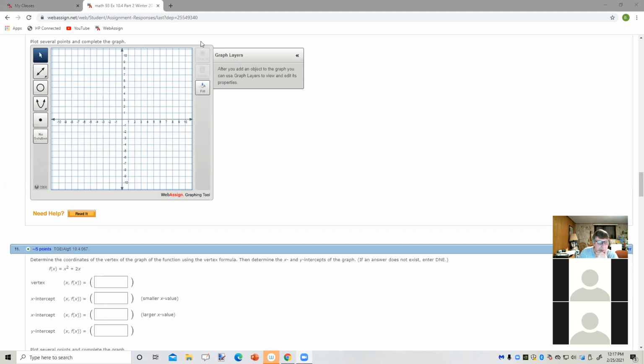To graph a parabola, I'm going to click on the parabola shaped box till it's blue. I'm now going to plot 2 points. And it's important that I plot the vertex first. So my first point with the vertex was (4, 3). My second point was (5, 4). And there's the graph of the parabola.